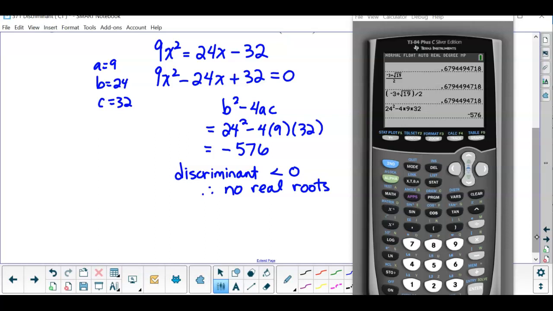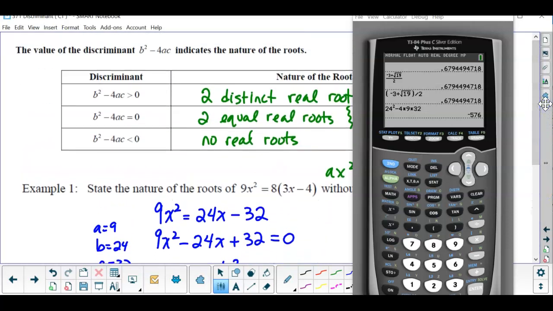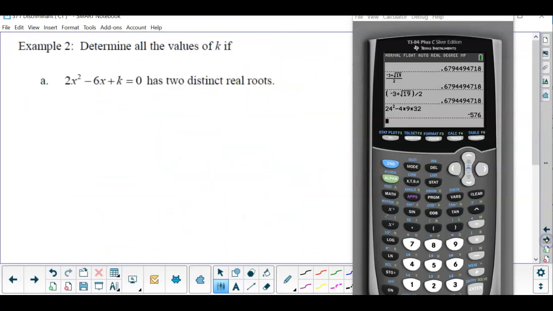And then example 2, it says, determine all the values of k if the first one has 2 distinct real roots. So that's when you got to know what the discriminant needs to be. So 2 distinct real roots, the discriminant has to be greater than 0. Okay, so that means when we look at this question here, b squared minus 4ac has to be greater than 0.